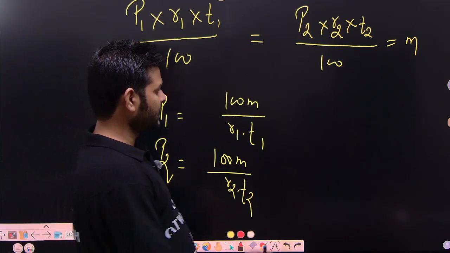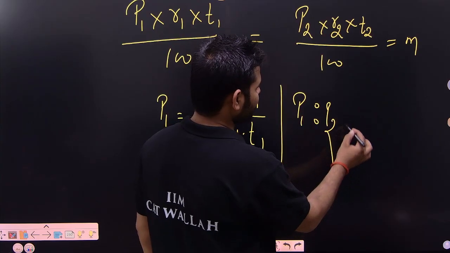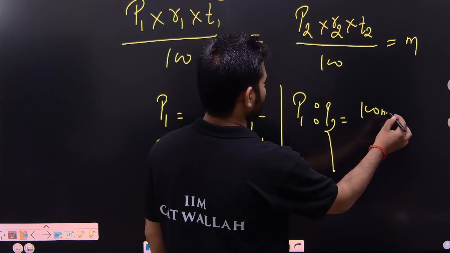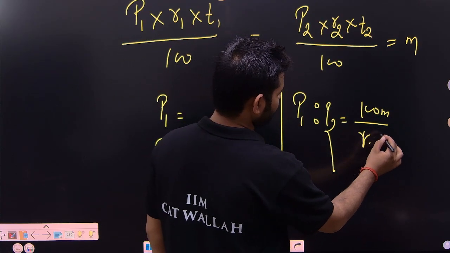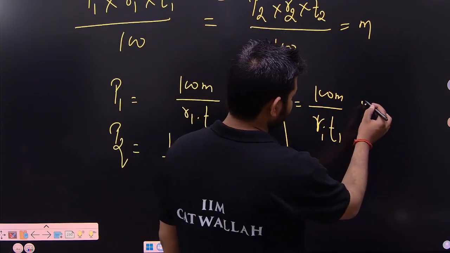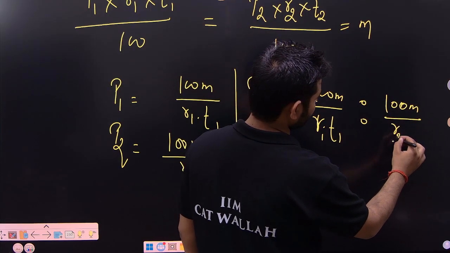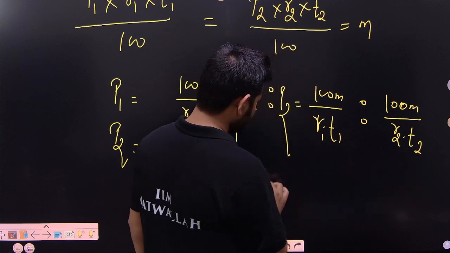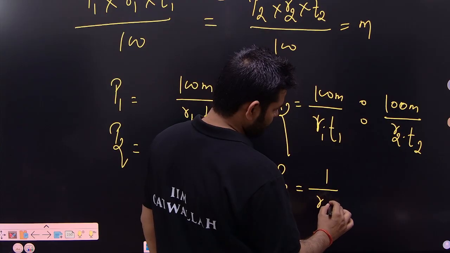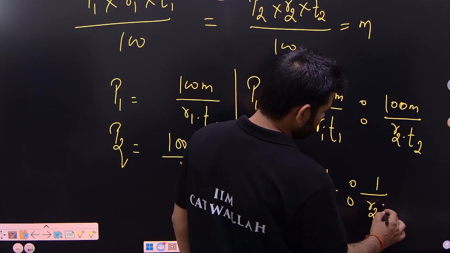From here, if I try to find out the ratio P1 to P2, that means 100 m upon R1 T1 and the ratio 100 m upon R2 T2. That means P1 to P2 would be 1 upon R1 T1 ratio 1 upon R2 T2.